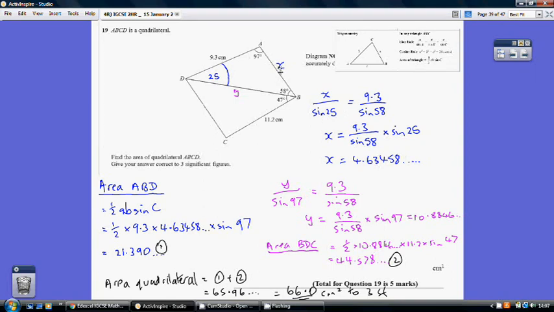So that's this length here. So I can go and work out the area of triangle ABD by doing half times 9.3 times 4.63458 times sin 97 degrees. Popping that into my calculator, the area of this triangle at the top is 21.390.